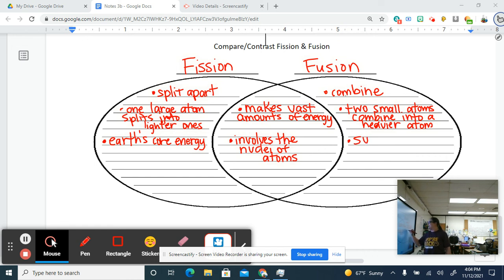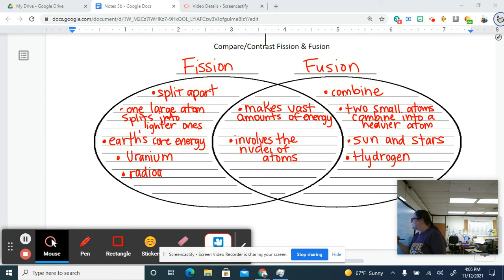That's how we get our energy here on Earth, is from the fusion in our sun. What element is mostly involved in fission? Uranium. What element is mostly involved in fusion? Hydrogen.